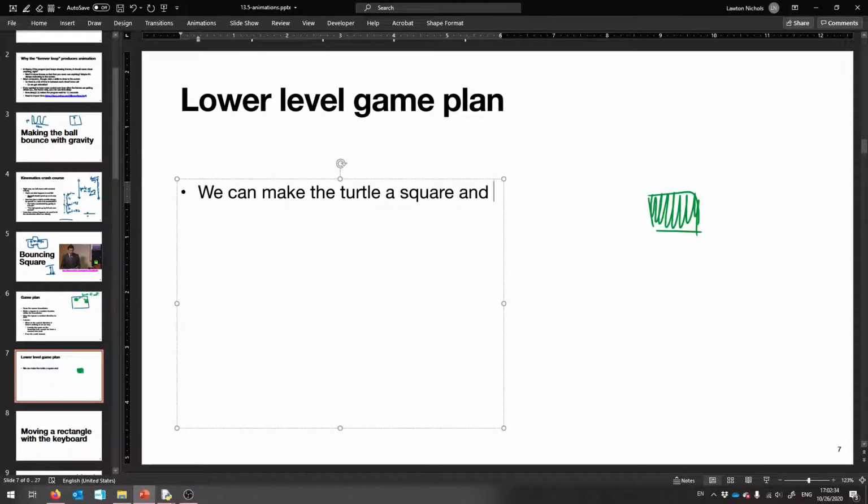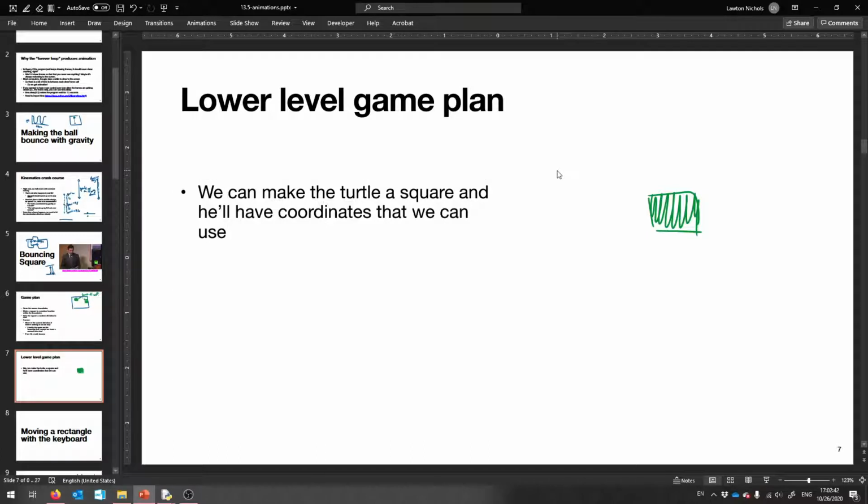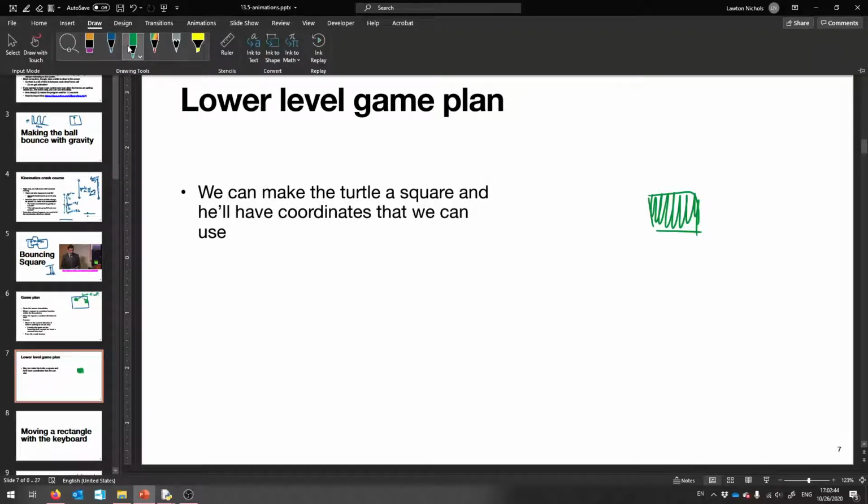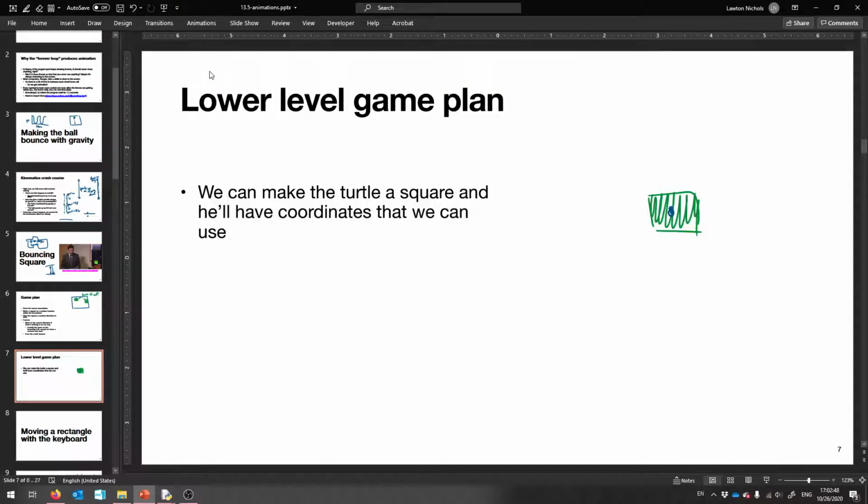And he'll have coordinates that we can use. So we'll know that the middle of the turtle starts at 0, 0 or something, or some current location, like maybe it's 42, 42.